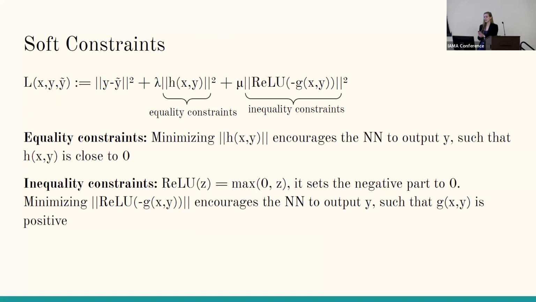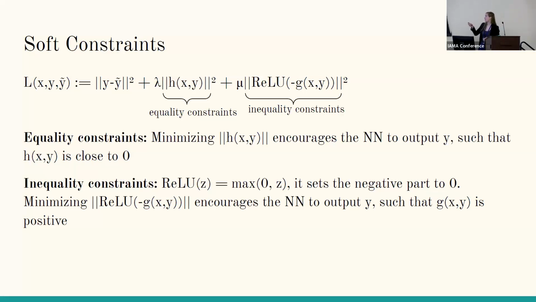And so here, the soft constraint, you can have both: the equality constraints, which you would just add, supposed to be 0, you penalize that. And for the inequality constraint, you put the ReLU function. ReLU is just the identity function that cuts off negative values.